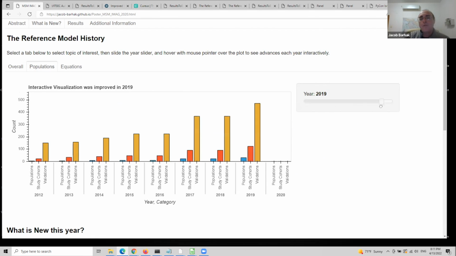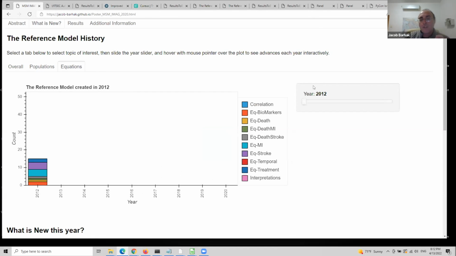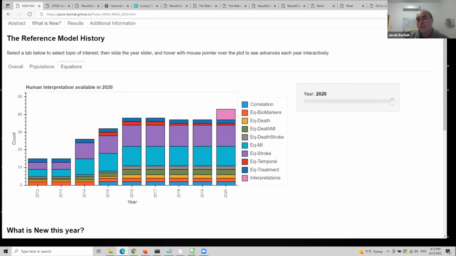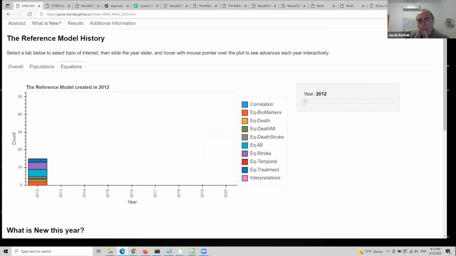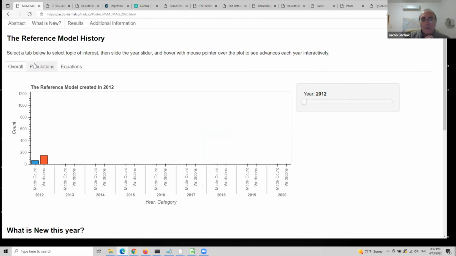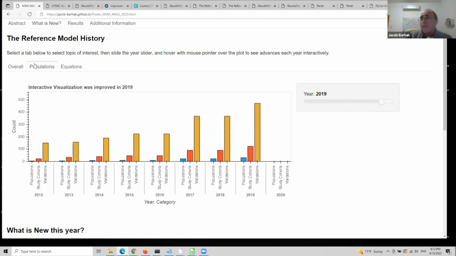This is how much I grew, and this is diabetes, not even COVID. But then how many equations, how many models I actually started plugging in. And you can see different types of equations. Now, later on, it became what's called an ensemble model. And by the way, if you have questions or anything, just jump in, interrupt. I'd rather have it more of a conversation than a story.